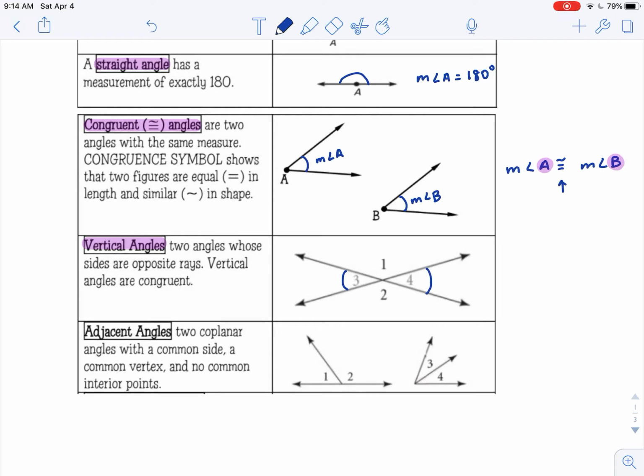I think of them as being opposite. So angle 3 and angle 4 are vertical angles. And what this tells us is that vertical angles are congruent, so these two measurements are the same.